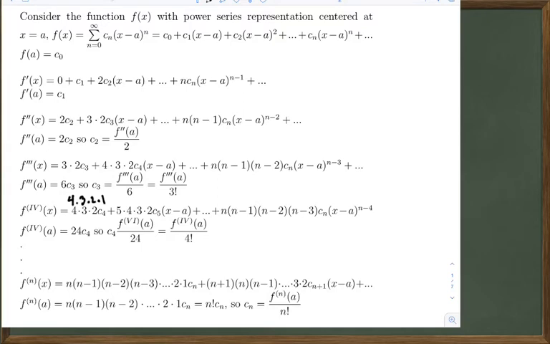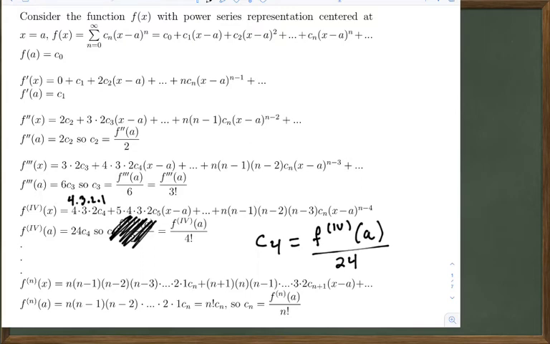So if we solve for c4, we'd have c4 is equal to the fourth derivative evaluated at a all over 24. So ignore this, it is a typo. Okay, and that is equal to the fourth derivative evaluated at a over 4 factorial.